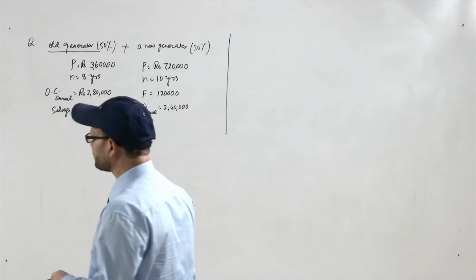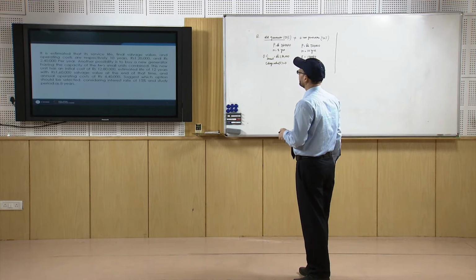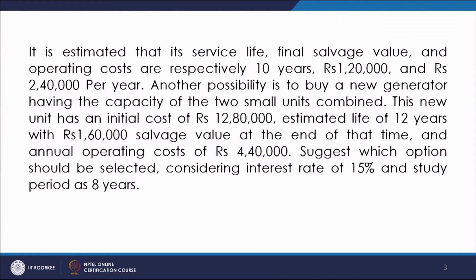The second option is that you buy a new generator having the capacity of 2 small units combined. It will give you 100% of the demand fulfilled.